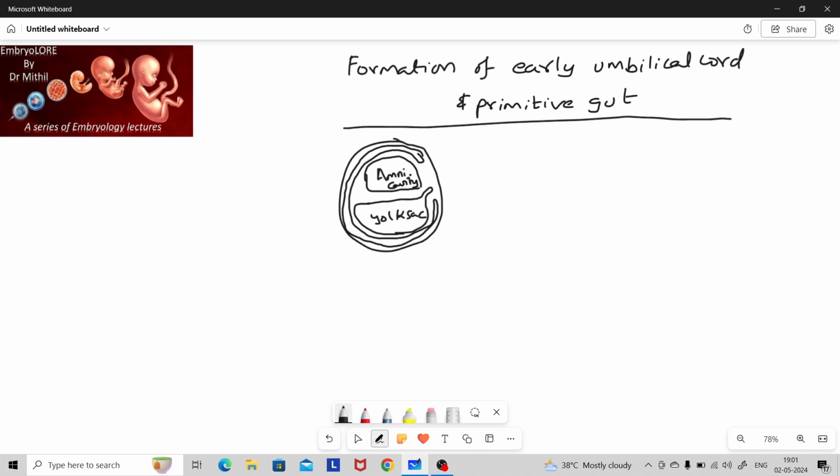Okay. So now let us see the labeling here. So this is the extra embryonic coelom, and above that is the trophoblast, and below that is the splanchnopleuric mesoderm.